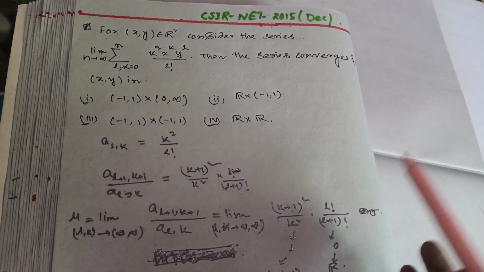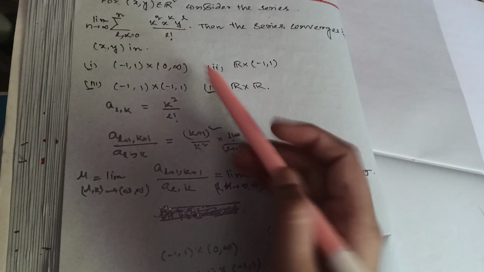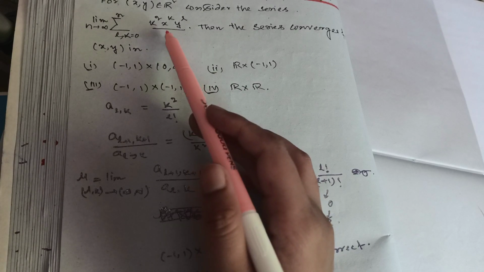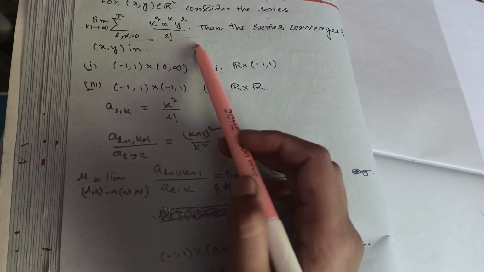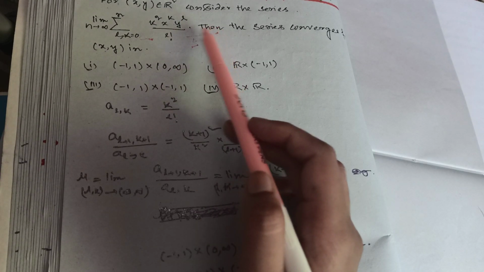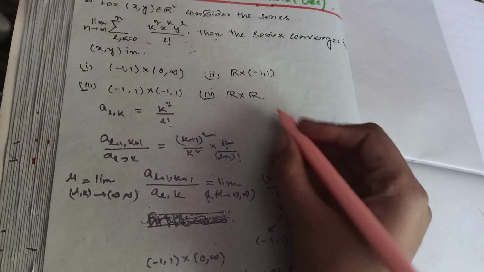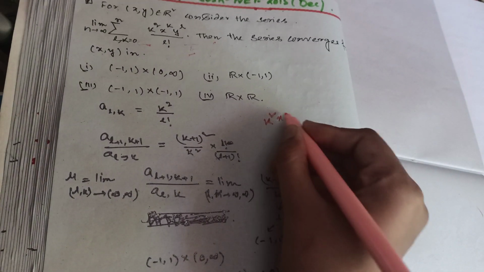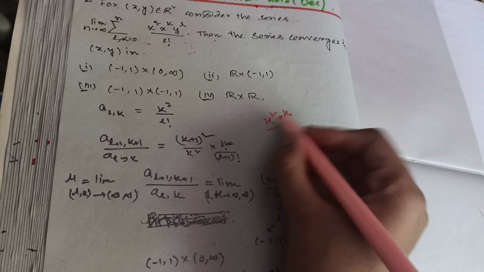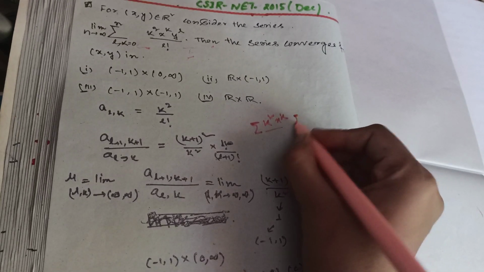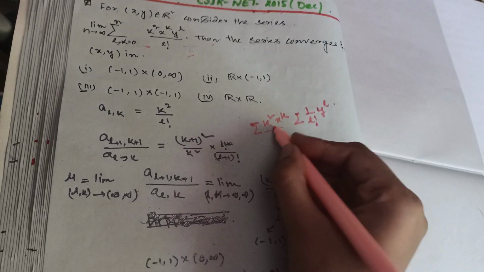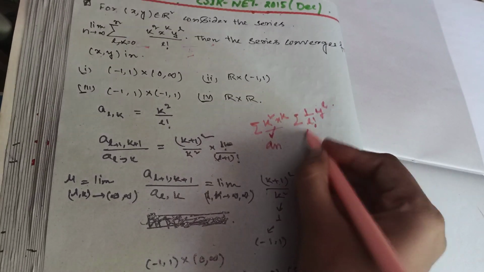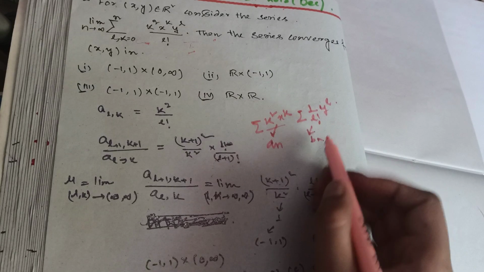Okay, so this type of series we can solve separately. First we consider k square x to the power k, that is the a_n type, and 1 by l factorial, that is the b_n type. I mean to say that k square x to the power k is one summation, and another summation is 1 by l factorial y to the power l. So here a_n is k square, and b_n is 1 by l factorial.